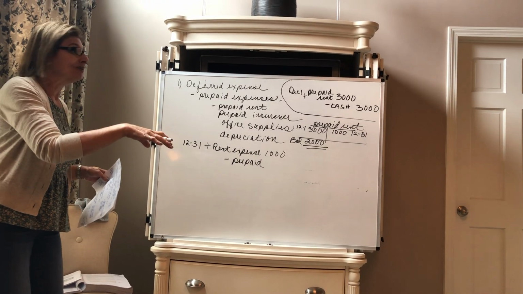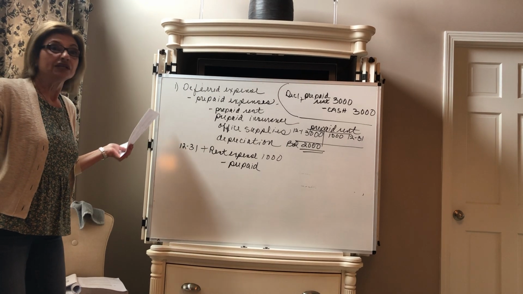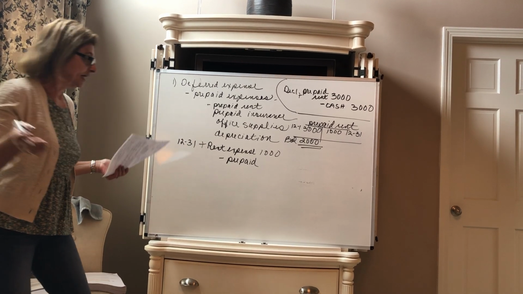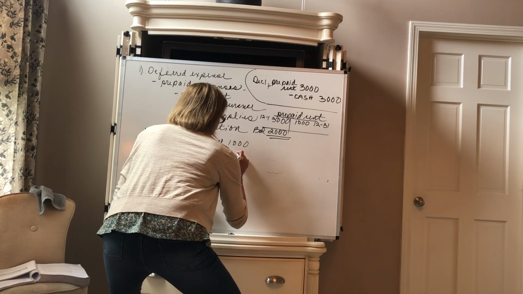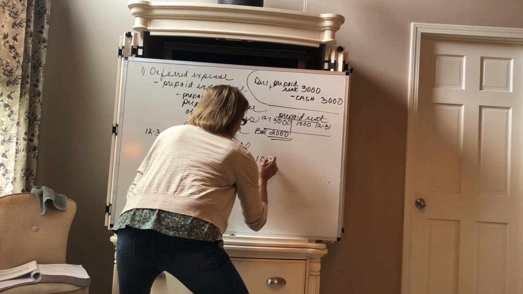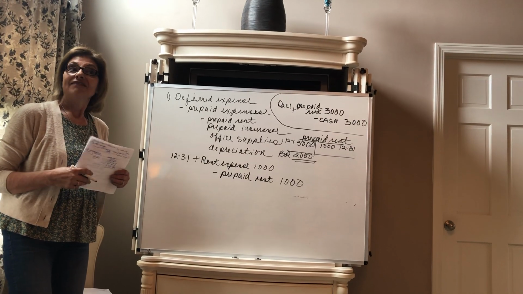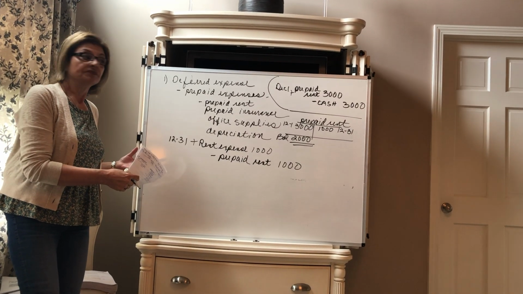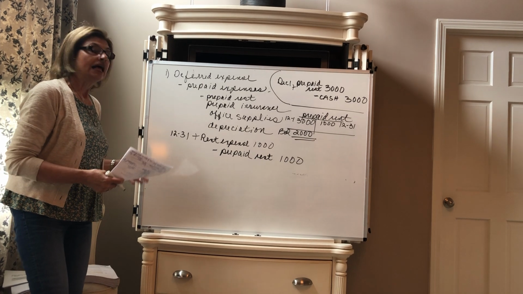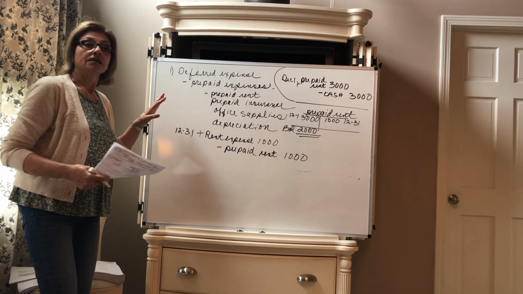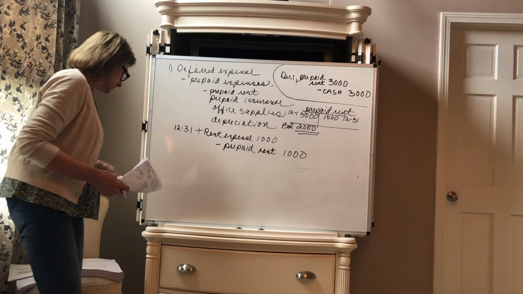Every month it's going to dwindle until the end of February where it's totally used up and you've got to prepay again. So our prepaid rent would be credited for $1,000. This is our adjusting entry, okay? And that's how you do the deferred, right? The deferred expense.